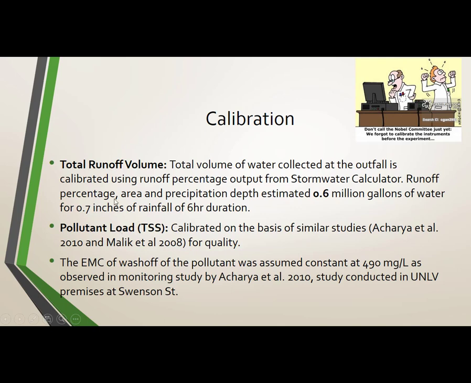So this was made true. And also for the pollutant loads, TSS we calibrated on the basis of the monitoring study by Acharya et al 2010, and then also there was another study, a thesis written by Malik et al 2008, for the quality.